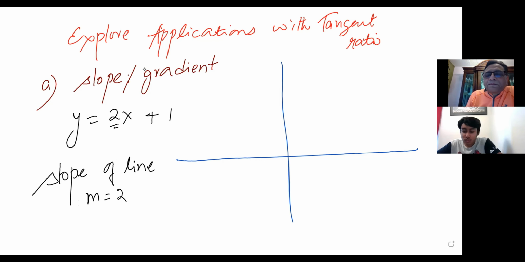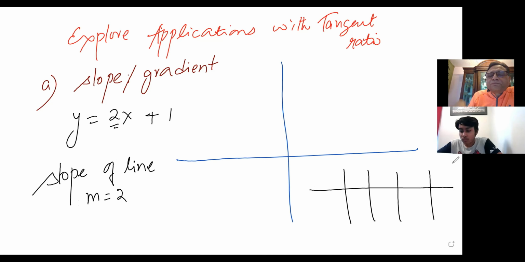Let me write down some coordinate points. Let us say we'll have 3 points. For each x value, we'll calculate the y value. y is 2x plus 1. If x is 0, then y is 1. If x is 1, then it is 2 plus 1, which is 3. If x is 2, then it will be 5.